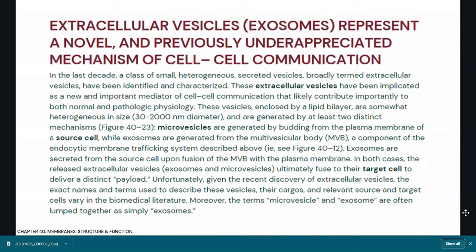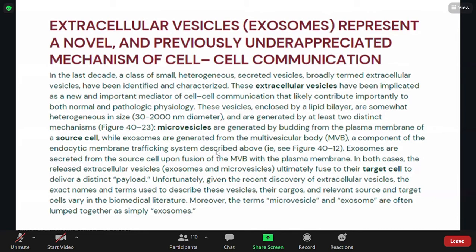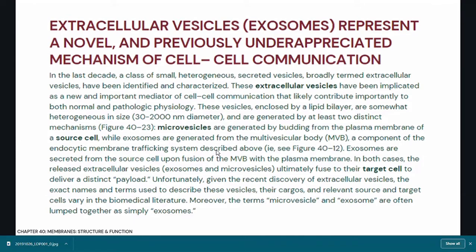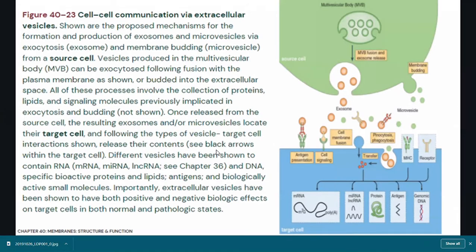Extracellular vesicles or exosomes represent a novel and previously underappreciated mechanism of cell-to-cell connection. Okay. Now here, this does not use the gap junction, but rather cells produce some materials that can be utilized by another cell, through kinds of receptors, like this one.